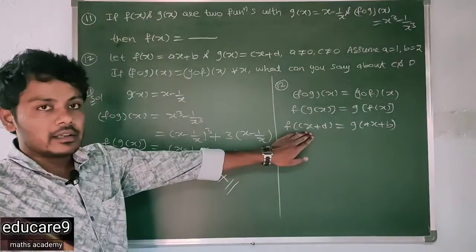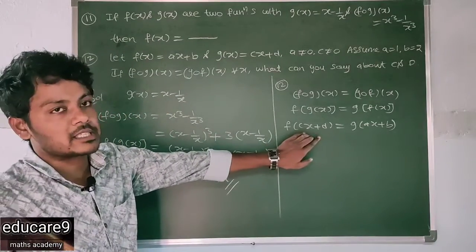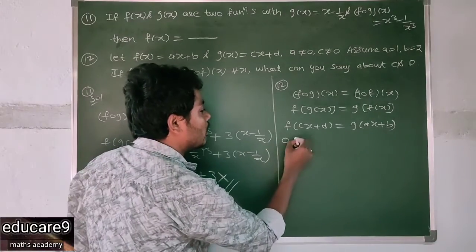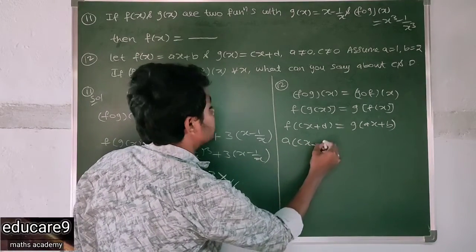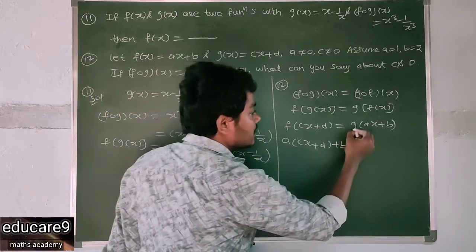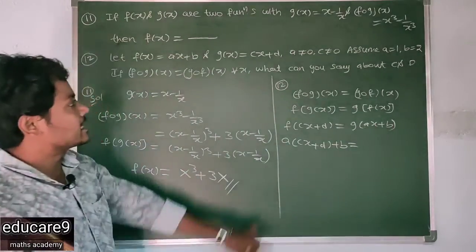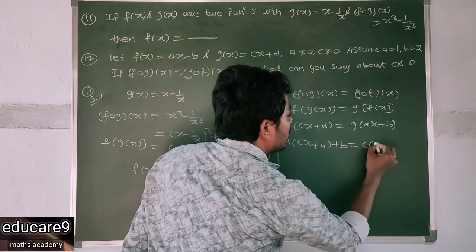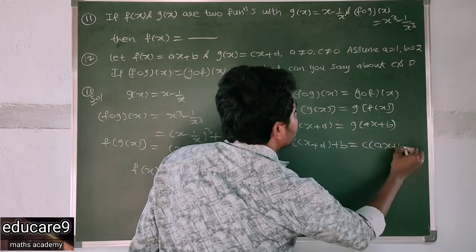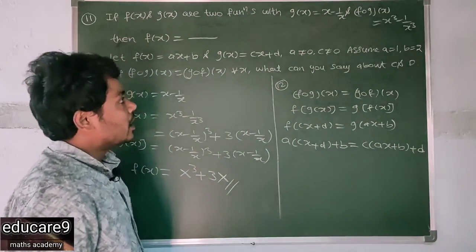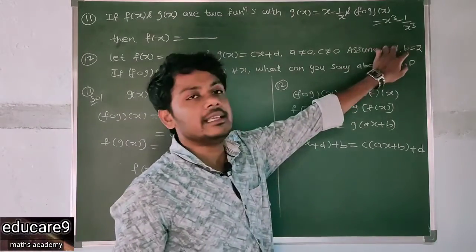Now again replace x by cx plus d in f of x. So that is a into cx plus d plus b. Here g of ax plus b, replace x by ax plus b. That is c into ax plus b plus d. Okay. Now here a is 1, b is 2.